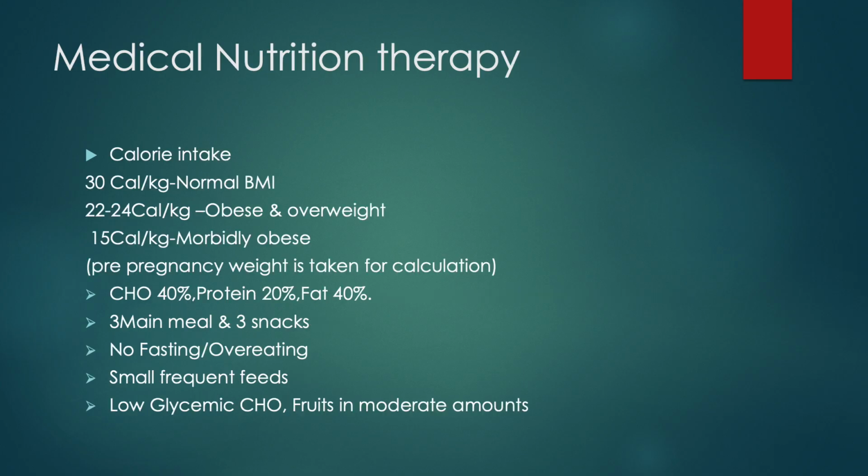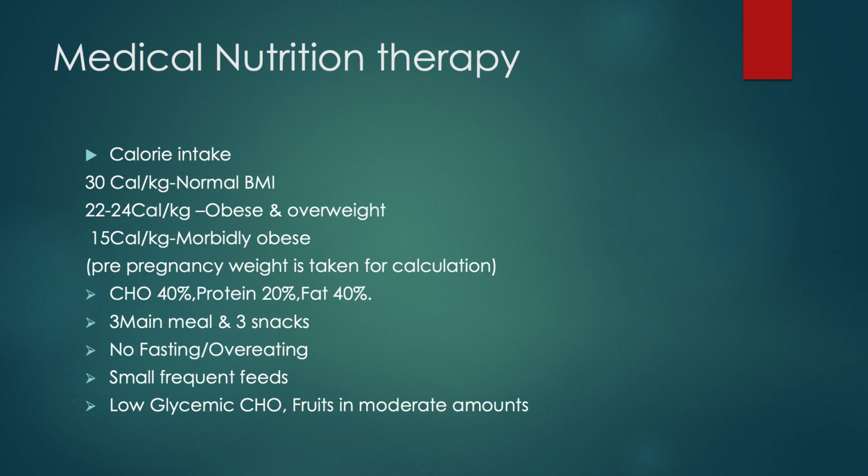Regarding diet control, when you advise on diet control for a woman, the first thing you have to remember is that if you prescribe a totally unfamiliar diet, most often she may not be compliant.